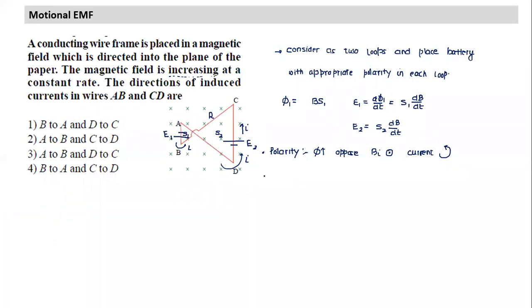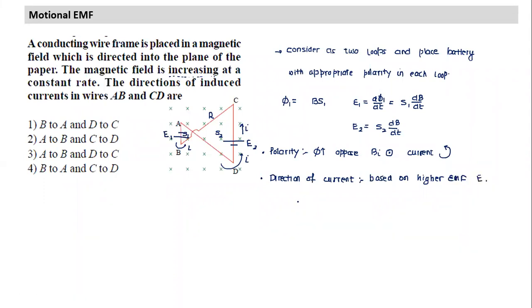So the direction of current is based on polarity, based on the higher EMF, which is E2.